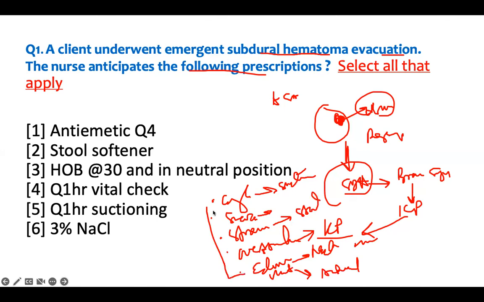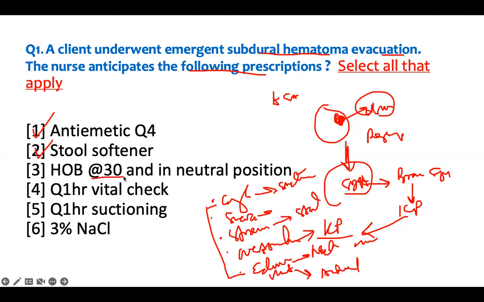This is what you do no matter what surgery they have. If it involves the brain, it doesn't matter what kind. It can be subdural, epidural, tumor, whatever. You do these things every day for them. Antiemetic every 4 hours, yes. Stool softener, yes. I want you to poop so that you don't strain.